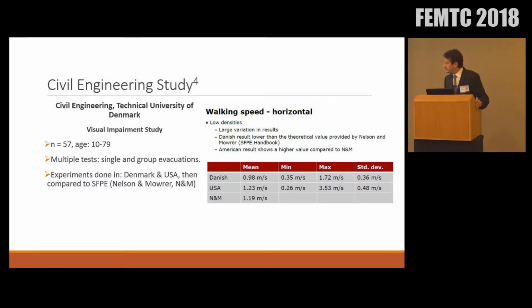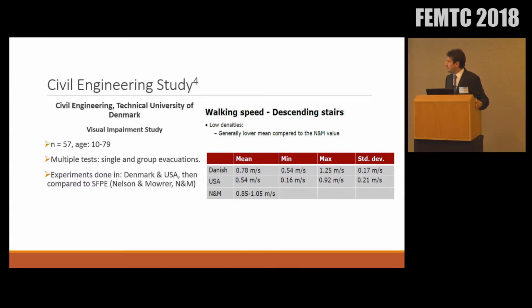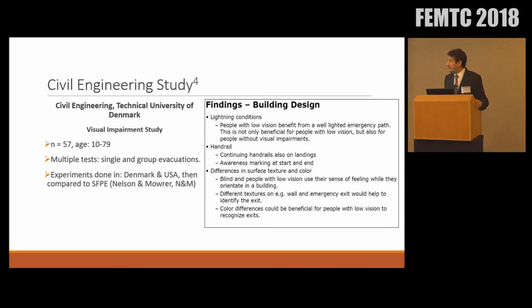And for the walking speed in descending stairs, SFPE is also much higher than both Denmark and the US. So their findings were that people with low vision do benefit from lighting conditions. The better lit the building or the corridor is, the better for them.